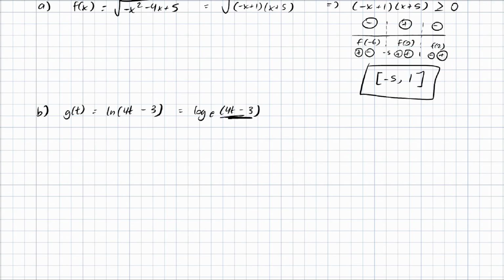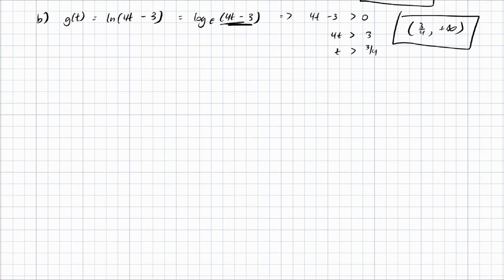Otherwise, it's undefined. So 4t minus 3 greater than 0, 4t greater than positive 3, and t greater than 3/4. So my domain becomes 3/4 to positive infinity.